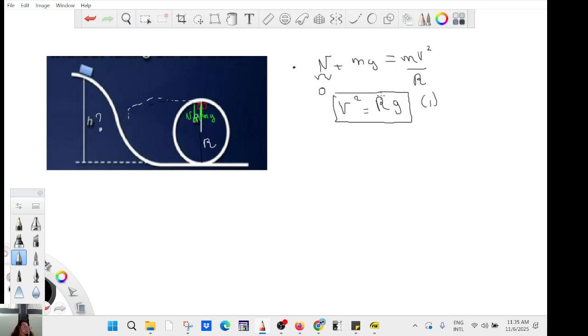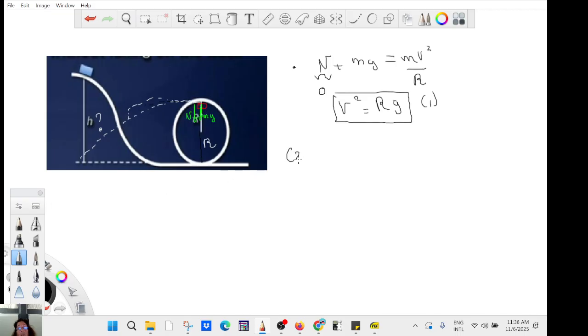Do you remember that? Okay, so it means you need at least your speed to be equal to the square root of rg, otherwise off tangent you go, like the guy. By the way, I checked and he's fine. He's from South Africa. Otherwise you're going to go something like this. So that will be your first equation.